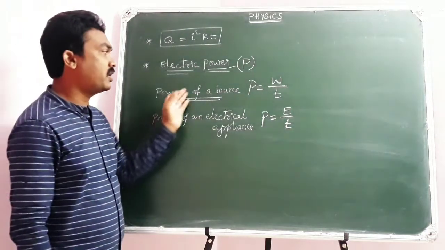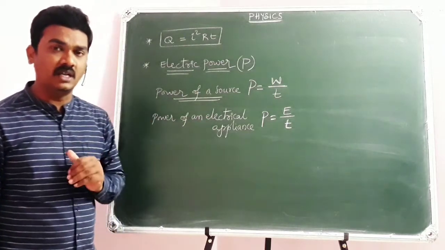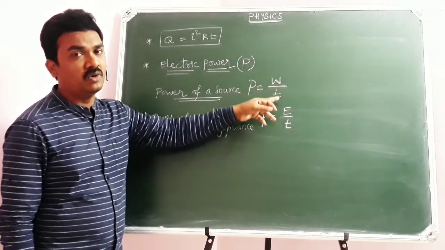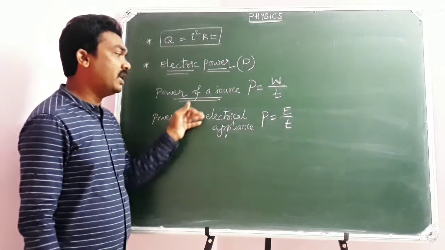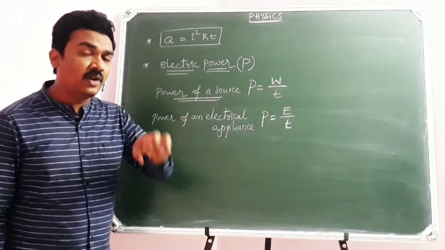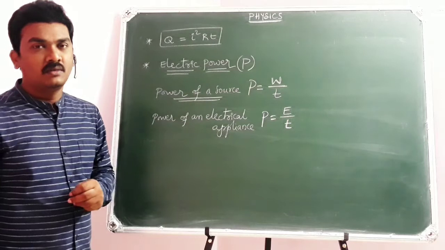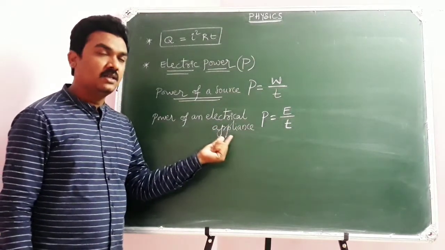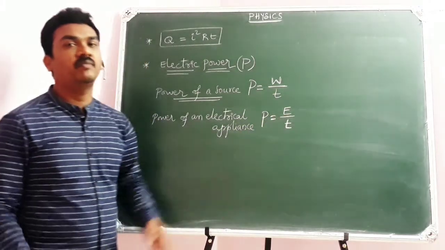The power of a source of electric current is defined as the amount of electrical work done per unit time. The power of an electrical appliance explains its ability to consume electrical energy; it is defined as the amount of electrical energy consumed by the appliance per unit time.